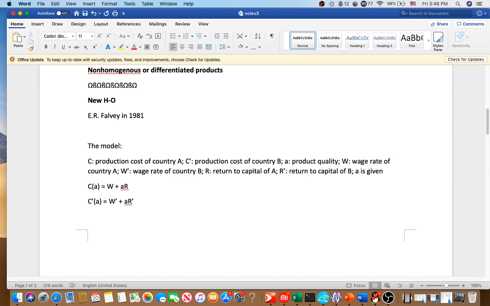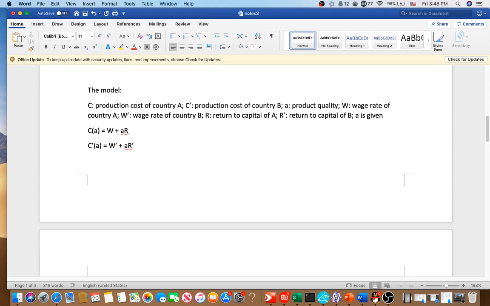The model is on this page. The cost of country A is denoted by C, and C prime is country B's production cost.